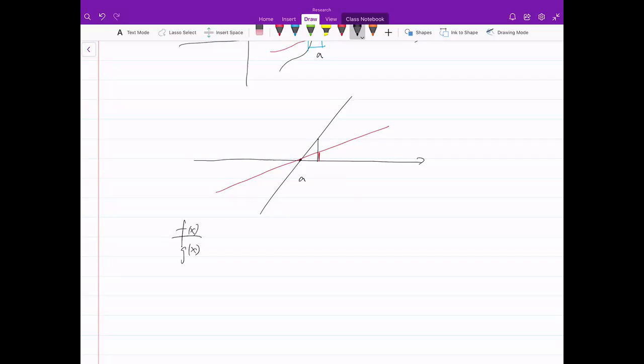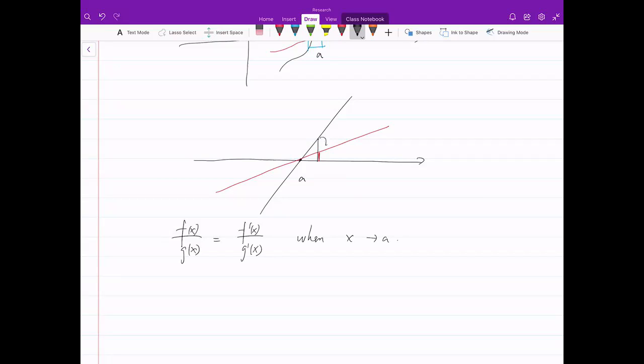Now I'm telling you the ratio between them is the same as the ratio between the slopes of these two lines, when x goes to a. Can you see it's true?